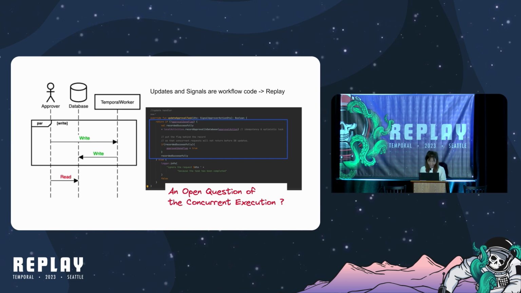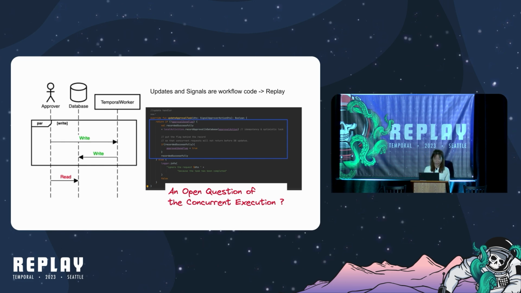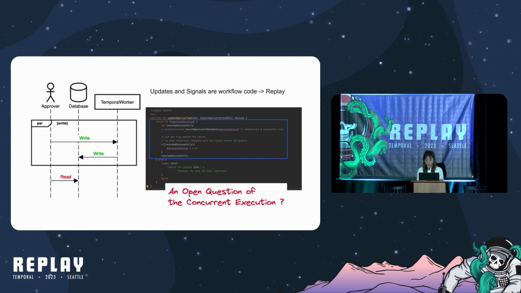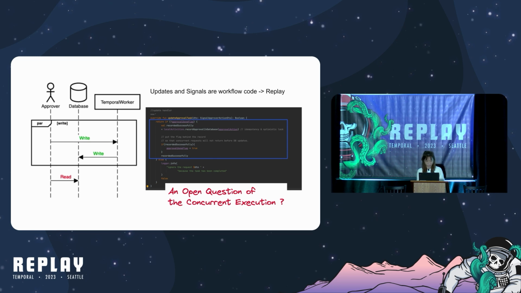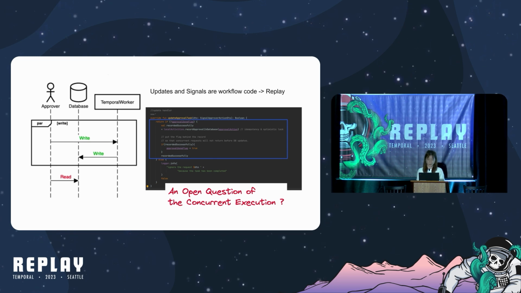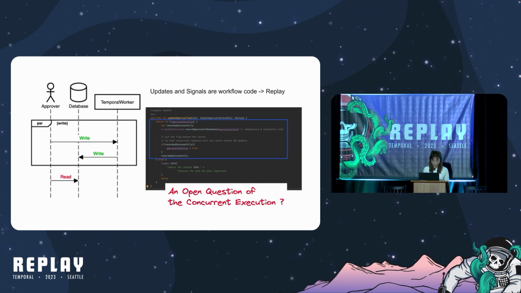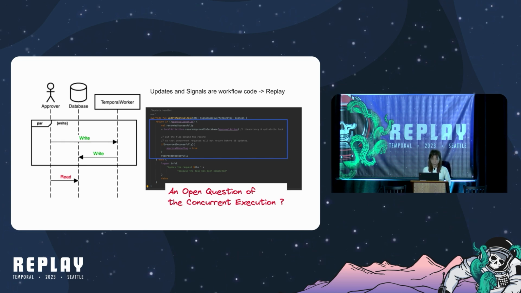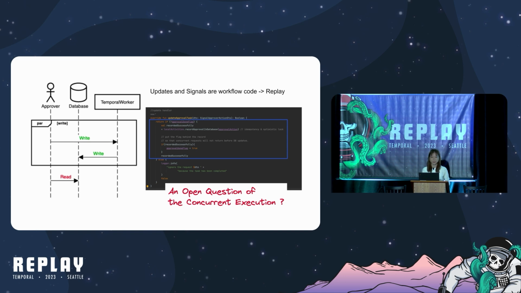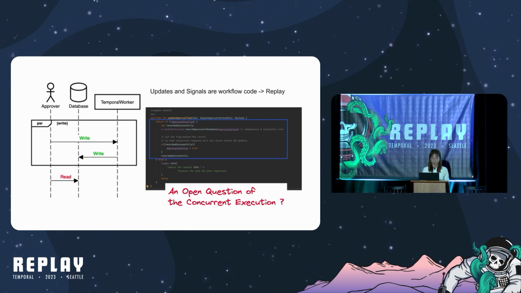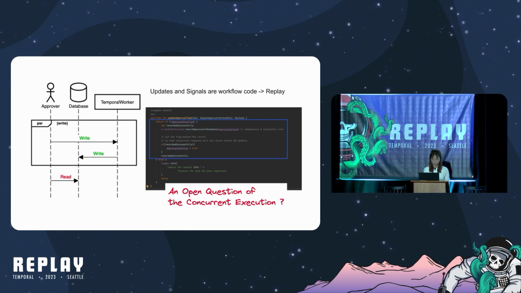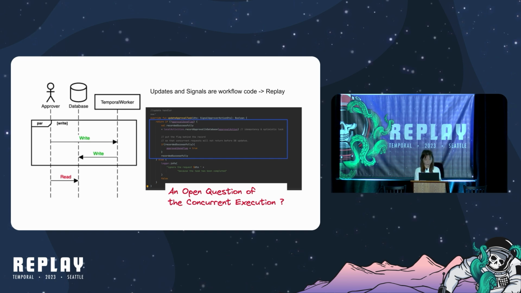If you are very interested in the analysis of activities within updates in the time of concurrency, you can just talk to me directly after this talk. And things will be much more nuanced if we stay with the signal and query solution, because then we have two Temporal handlers to coordinate at one time.